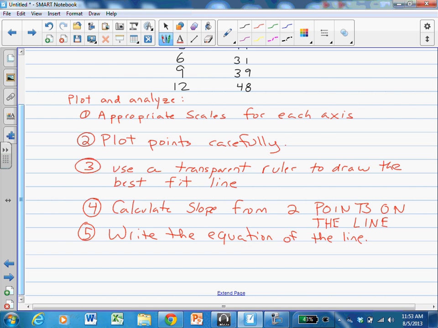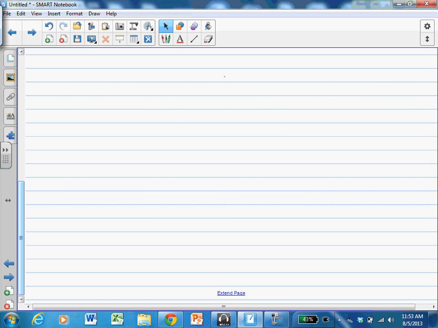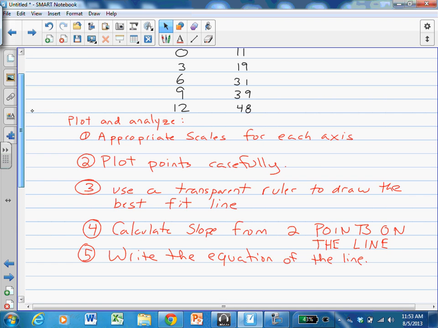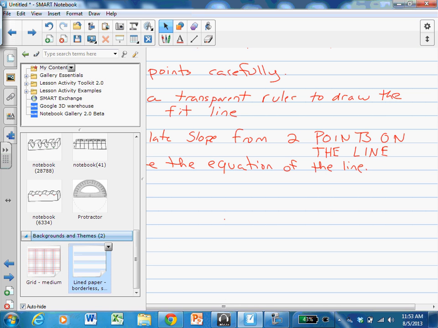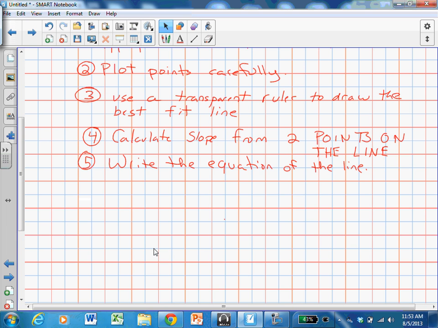Okay, so if we do that, let's plot our data. So let's first get some axes on here. If I put that on, what happens? Okay, that works. Shifts us, but this will be better.